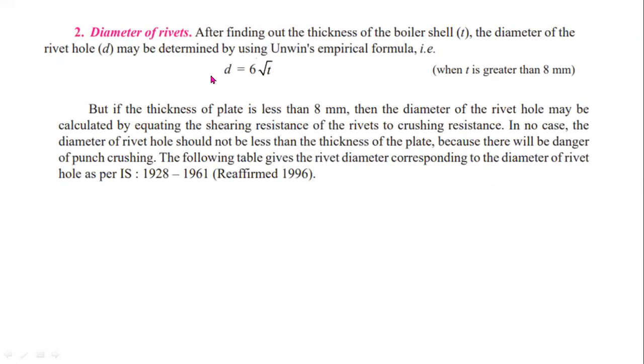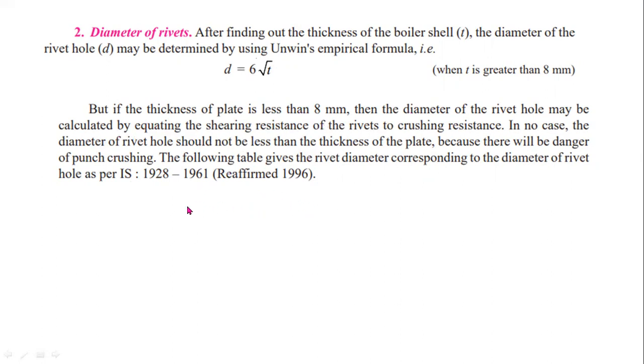For determining the diameter of the rivet, you have to use d equals 6 root t. This formula is applicable when the thickness of the plate is greater than 8 mm. But if the thickness of the plate is less than 8 mm, then you have to use PS equal to PC.